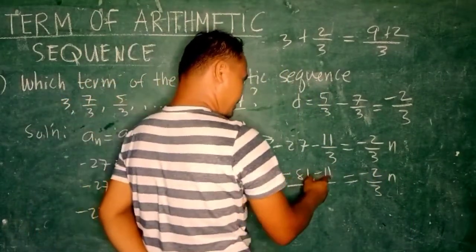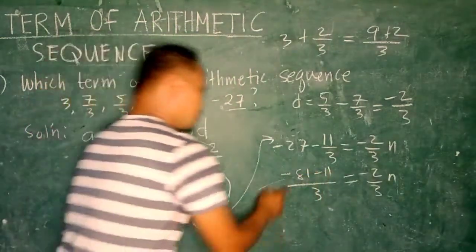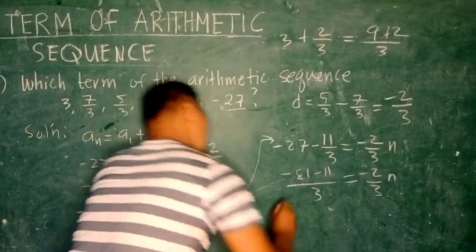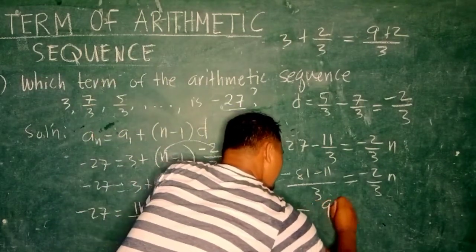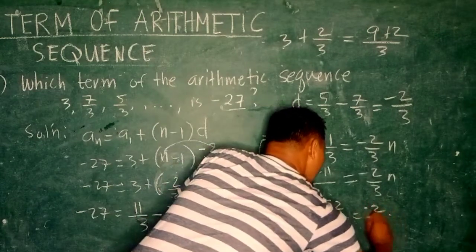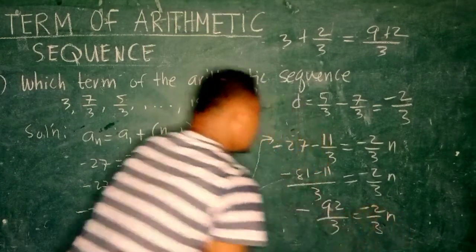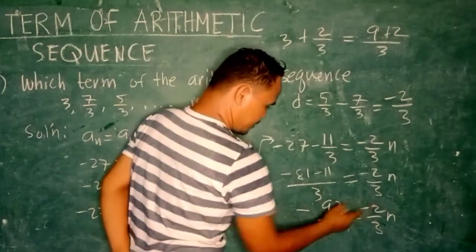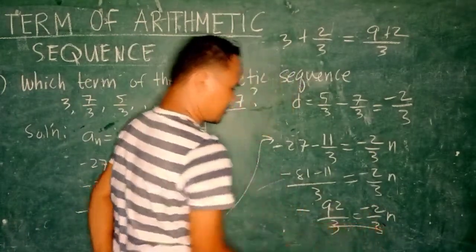Pareha mo sila minus, o ato sila i-add ang duha. 81 plus 11, that's 92. Pero negative siya. Over 3 equals negative 2 over 3. Okay? Pwede niyo mo cancel on this 3 kay pareha lang sila.